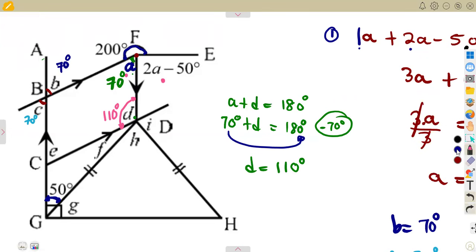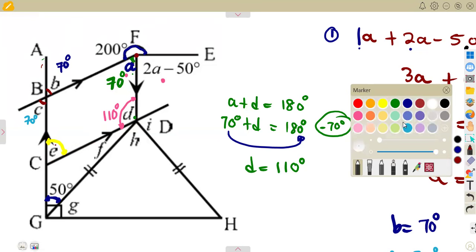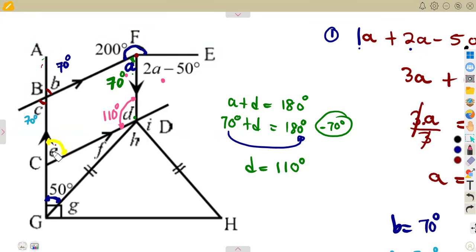If you do the same thing, because these two lines are also parallel, you are going to see that it is also happening on E. This angle E that we have here and this angle D are also co-interior. Look here, we are forming a U, a C, a U shape. So this and this add up to 180. In the same manner, we can calculate angle E, because angle D plus angle E was supposed to give us 180 degrees.